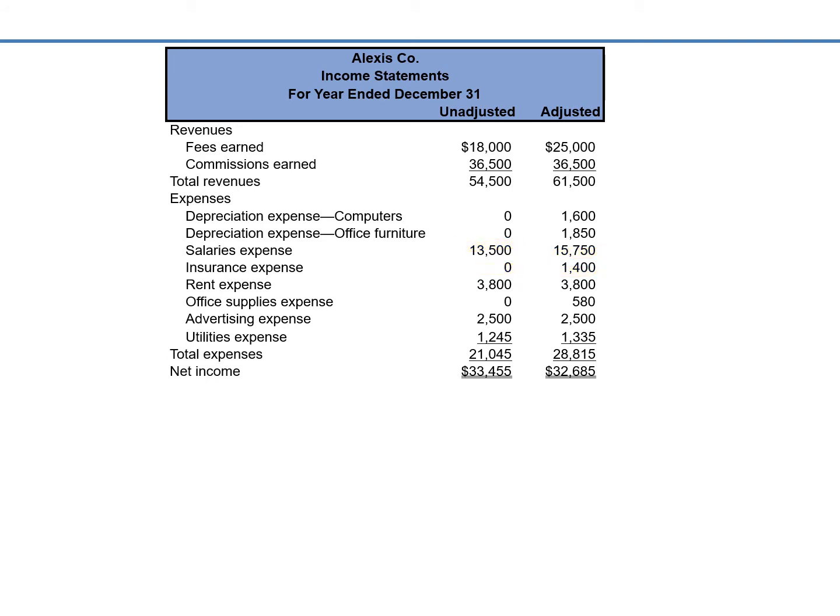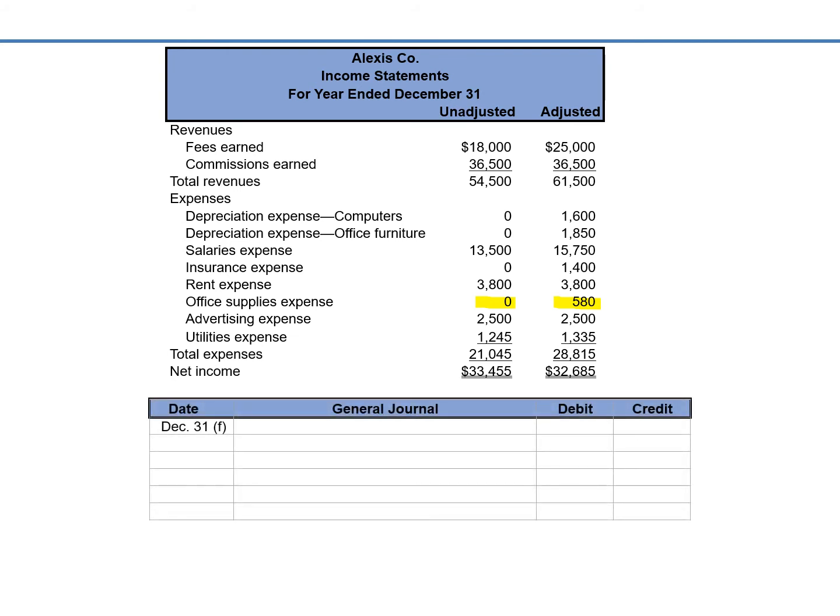Rent expense didn't change. The next account that changed is office supplies expense. It went from 0 to $580. To increase office supplies expense, we would have had to debit office supplies expense for $580, and we would have credited office supplies for $580.